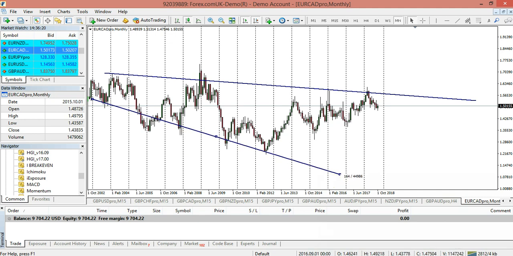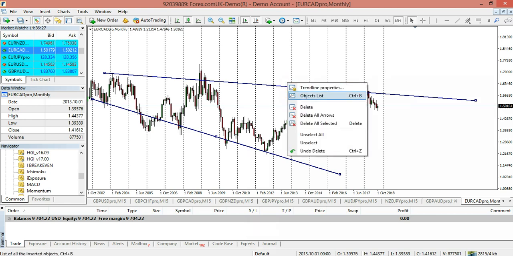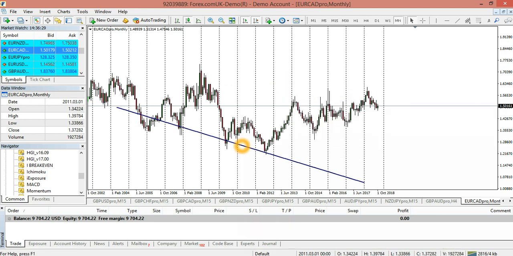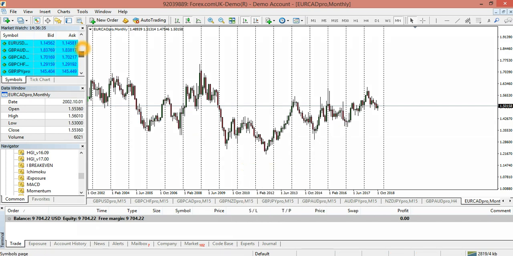But this is actually in a beautiful channel. And you see, it just goes up and down and up and down and up and down. So I want you to actually practice identifying these, and just look for what you see.